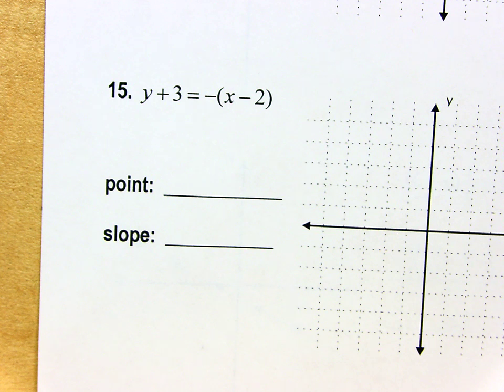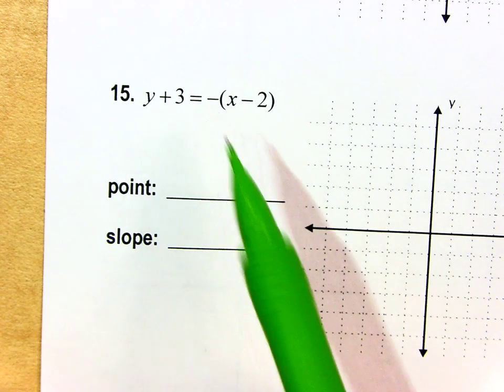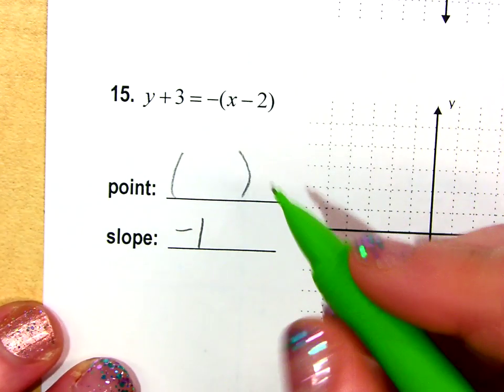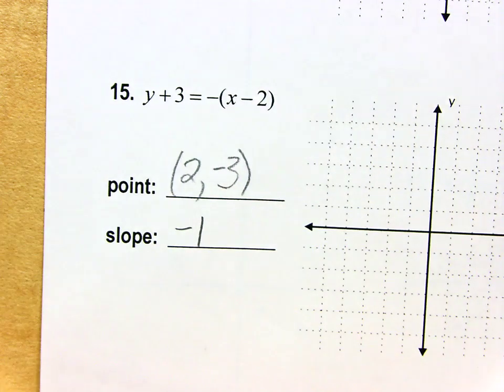Pablo, what's the slope? Aha, -1, right? There's just a negative sign in front here, but that really just represents a -1. So my slope is a -1, and the point is 2, -3.